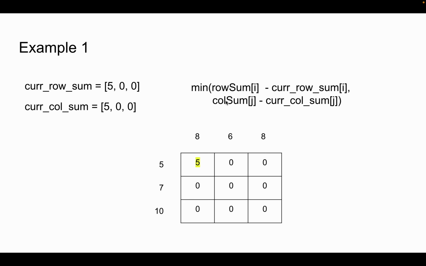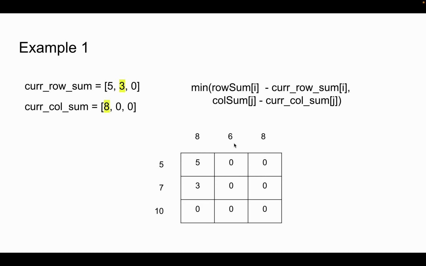If we go into the 5, the row sum for the first row is 5, minus the current row sum is 5, so that gives us 0. But the column sum for this one is 6, and the current column sum is 0, so it will give you 6. Between 0 and 6, 0 is the minimum, so we take 0. Same here, you compare 0 and 8, and you get 0.